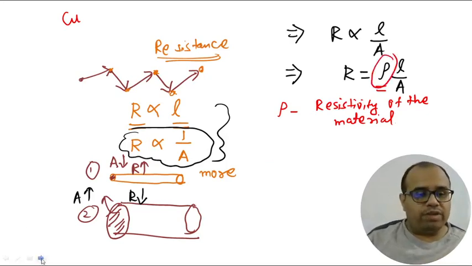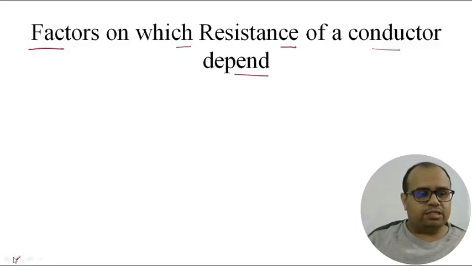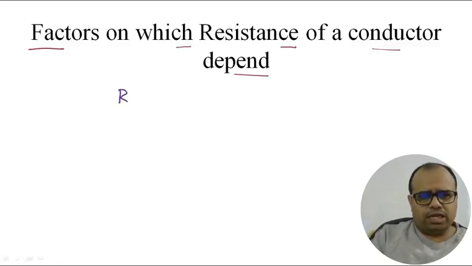Now, how can we define it? Resistance is equal to rho L by A, and now we have to define this resistivity.